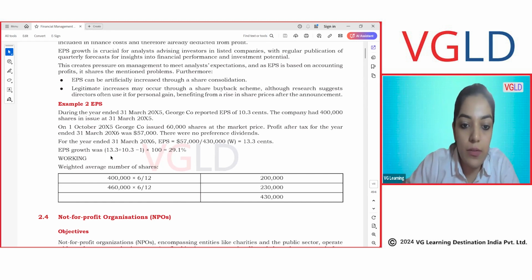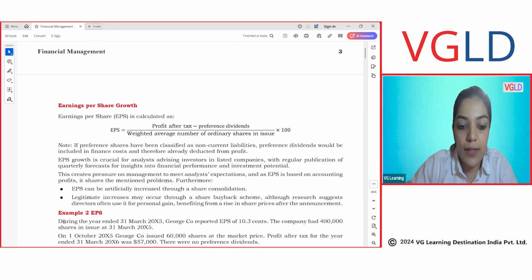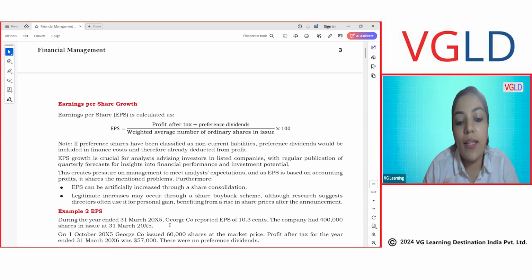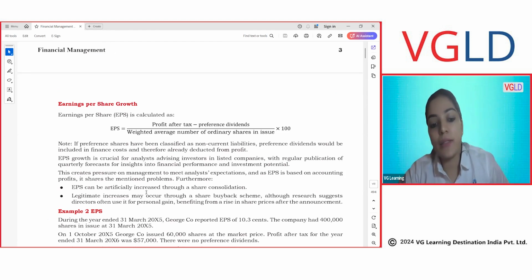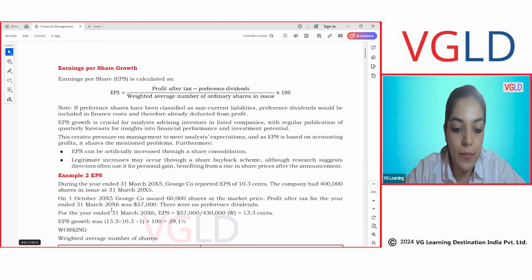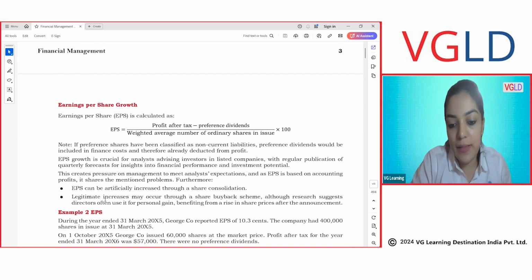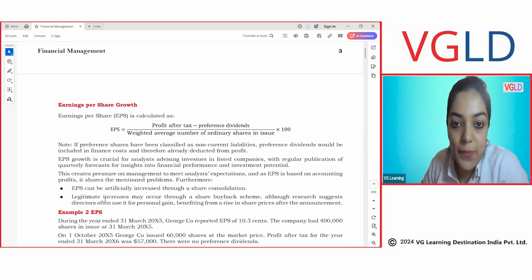Okay, now I'll just take it back here. This is the data in the question. You have to tell me what is the growth in the EPS. There has been an issuance of shares.